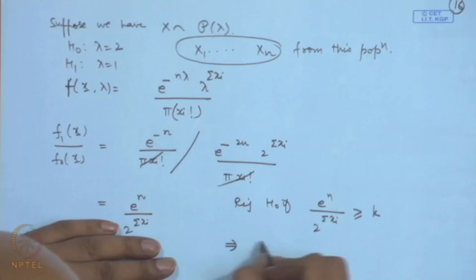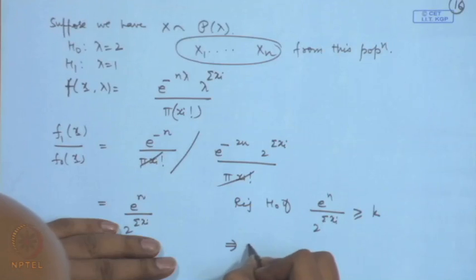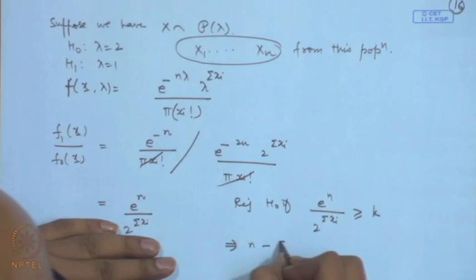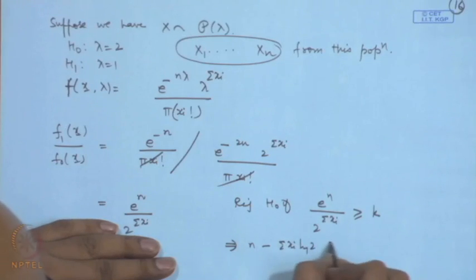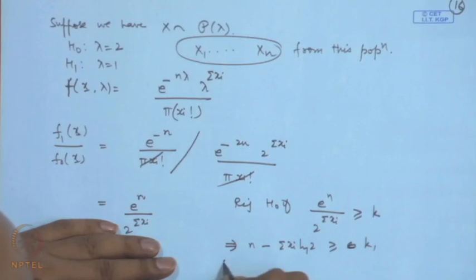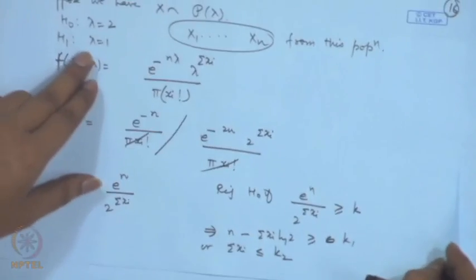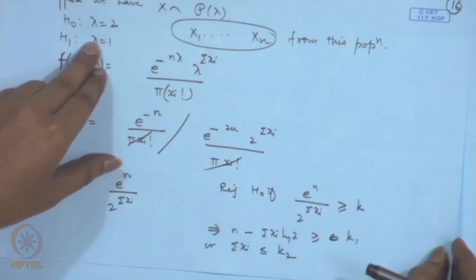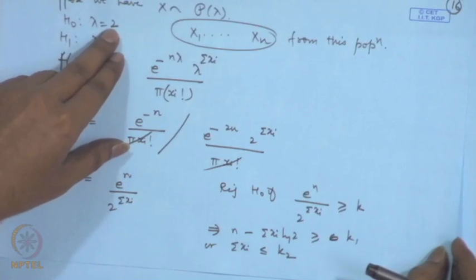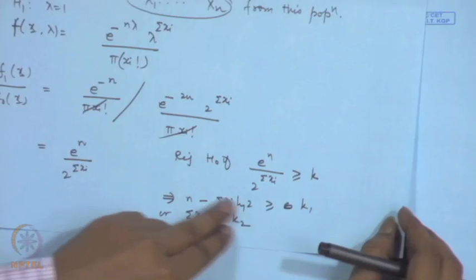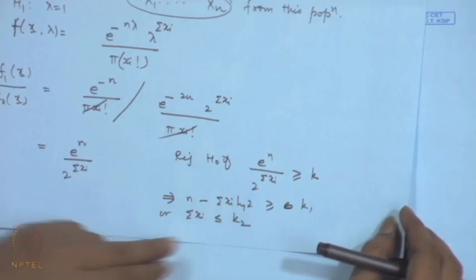So, here you can write it as n minus sigma x i log 2 greater than or equal to log k, let me write it as k 1, or sigma x i is less than or equal to some k 2. Once again here you notice that in the alternative hypothesis the value of lambda is smaller than the value in the null hypothesis, and therefore, the rejection region is for the lower value.